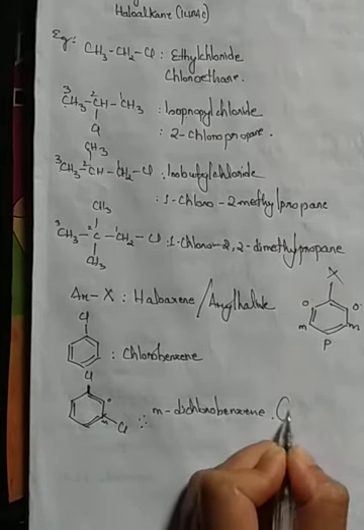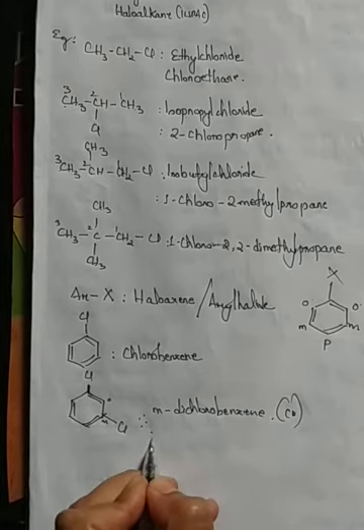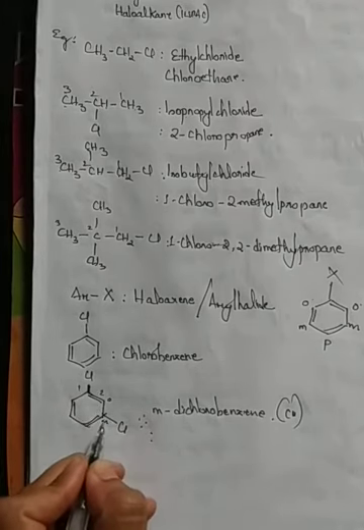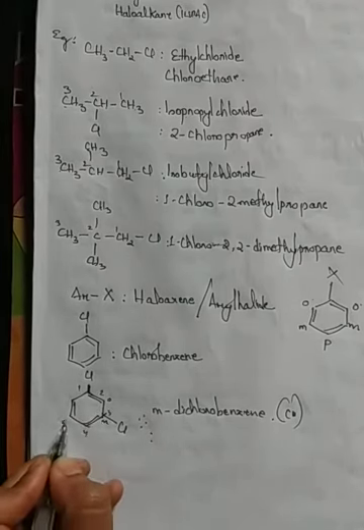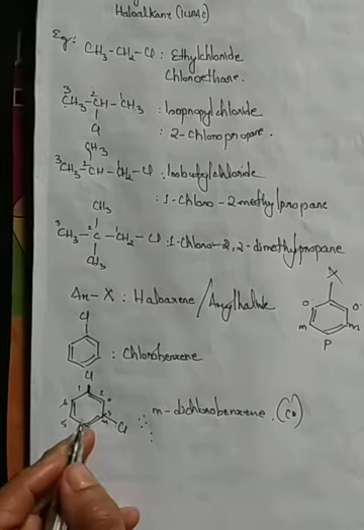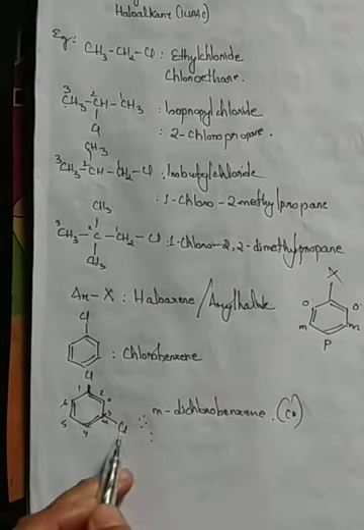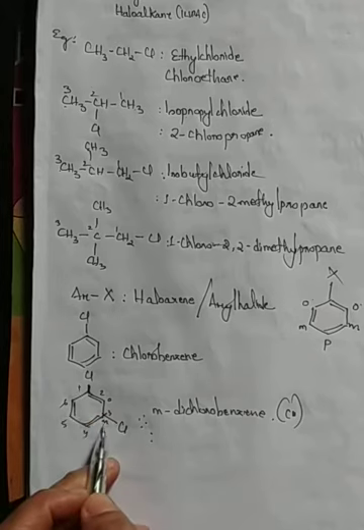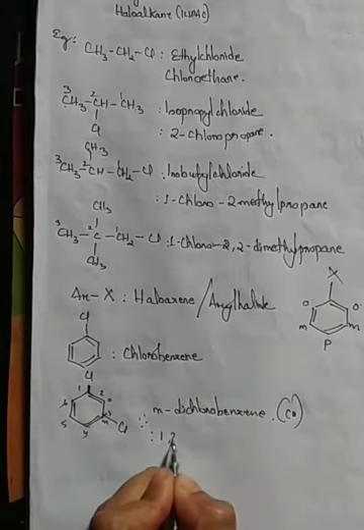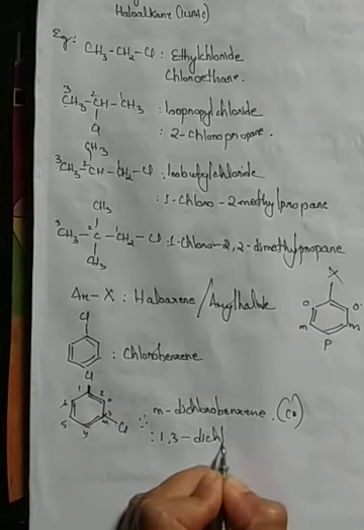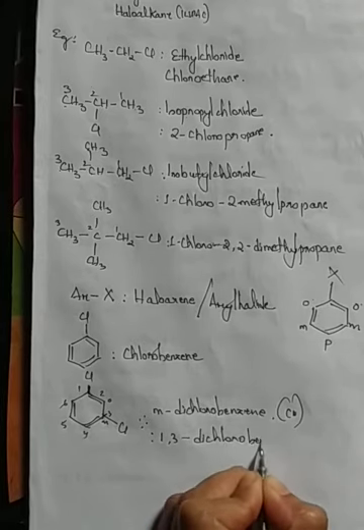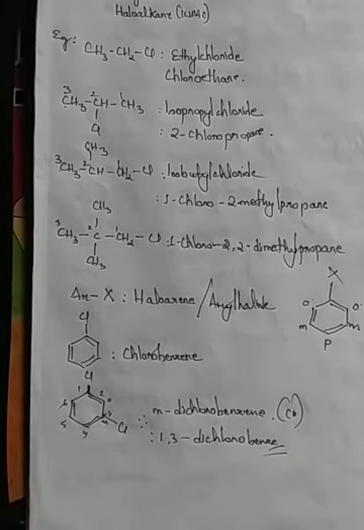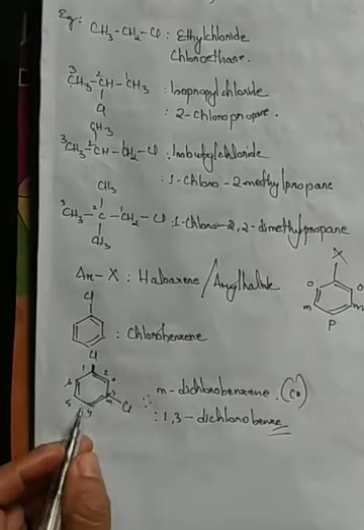Meta-dichlorobenzene, this is the common name. Then for the IUPAC name, we number 1, 2, 3, 4, 5, and 6. The chlorine atoms are attached at position number 1 and position number 3. Therefore it will be 1,3-dichlorobenzene. This is the IUPAC name of our molecule.